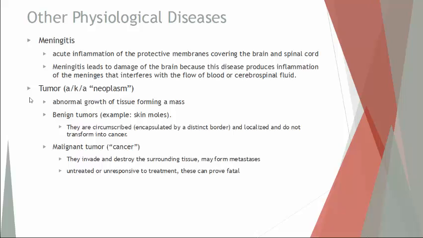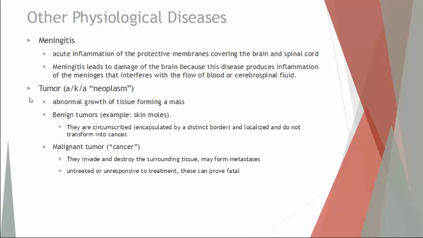You have two different types of tumors. You have benign and malignant. Benign is what you would prefer to have if you had to choose between these two. Benign means that they are not cancerous. And a good indicator to look at is they are circumscribed, they are enclosed by a very distinct border, and they don't develop into cancer.